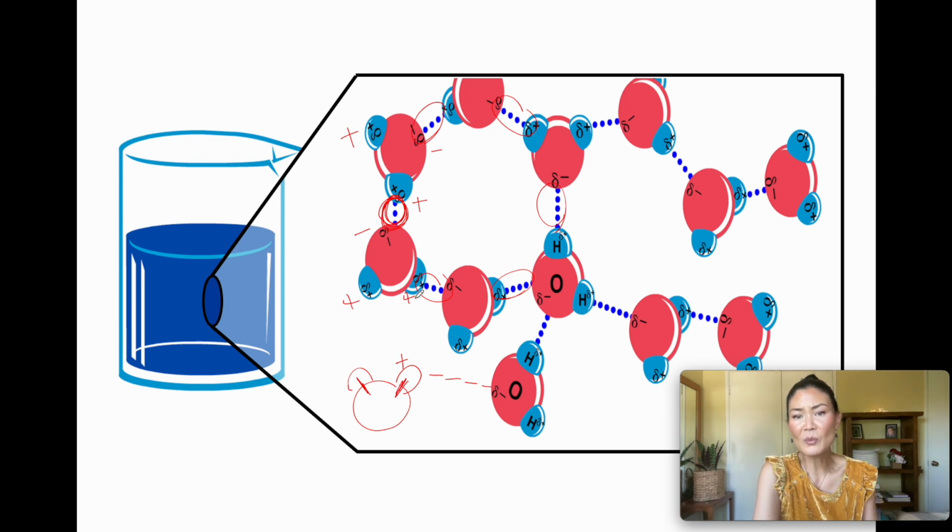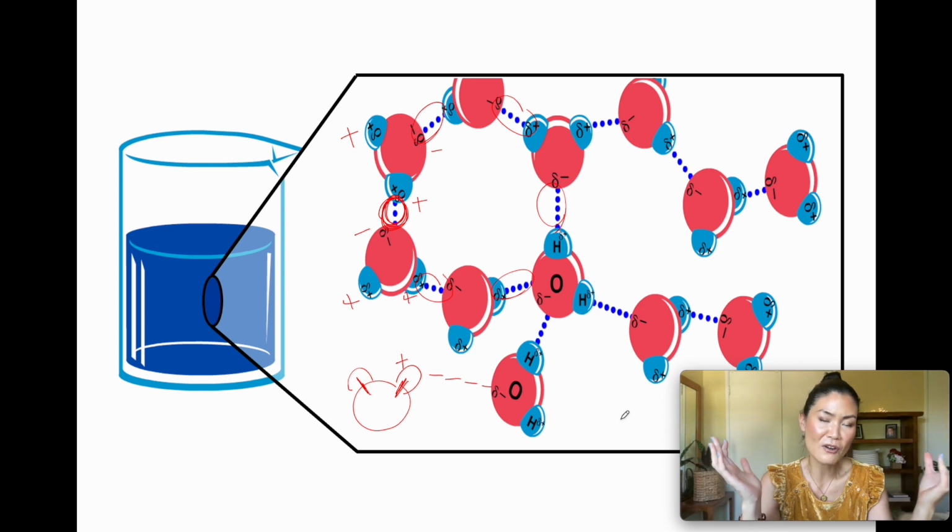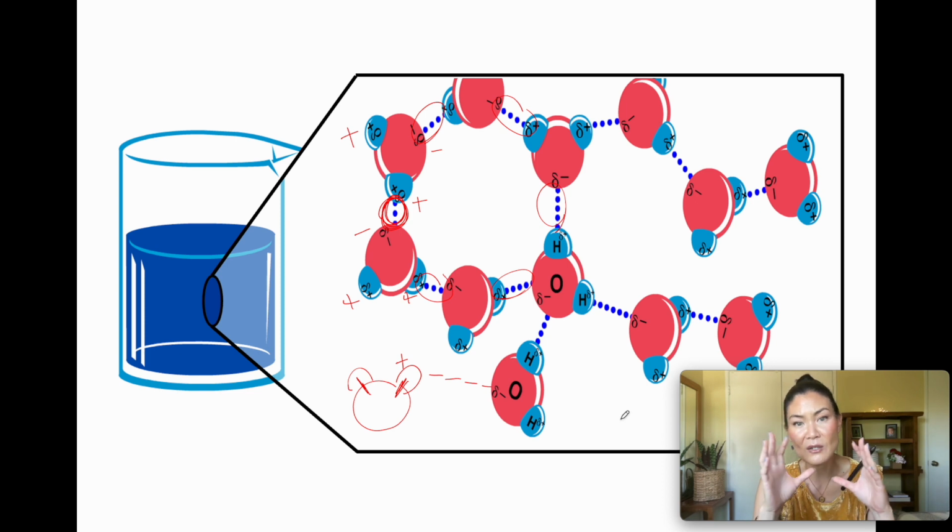So in any cup of water, you're going to have water molecules attracted to each other, okay? Like let's say that you're sitting in the car looking out the window and it's raining outside. You'll see raindrops congregate together. They'll merge together because water is attracted to water, because water, again, is a polar molecule.